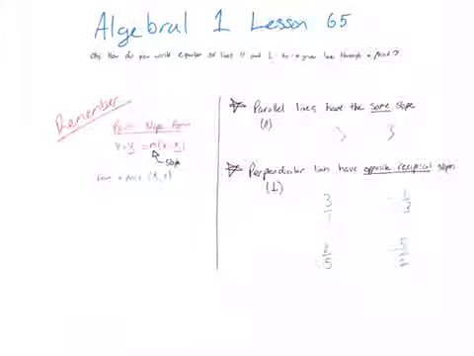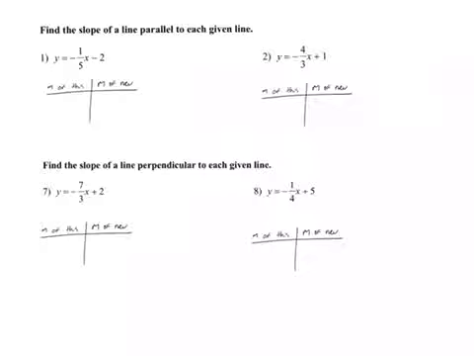So let's just look at these first few on your homework assignment, on your handout, is just simply find the slope. Notice it says find the slope, not the equation, but just find the slope of a line parallel to each given line. So let's look at this equation. It's already in y equals mx plus b form, so this is the slope right here. So the slope of this line is negative 1/5.